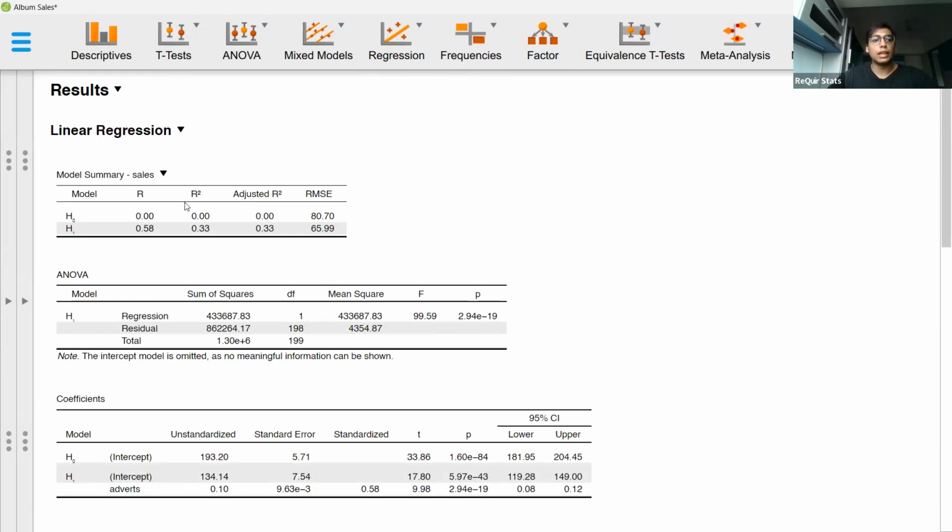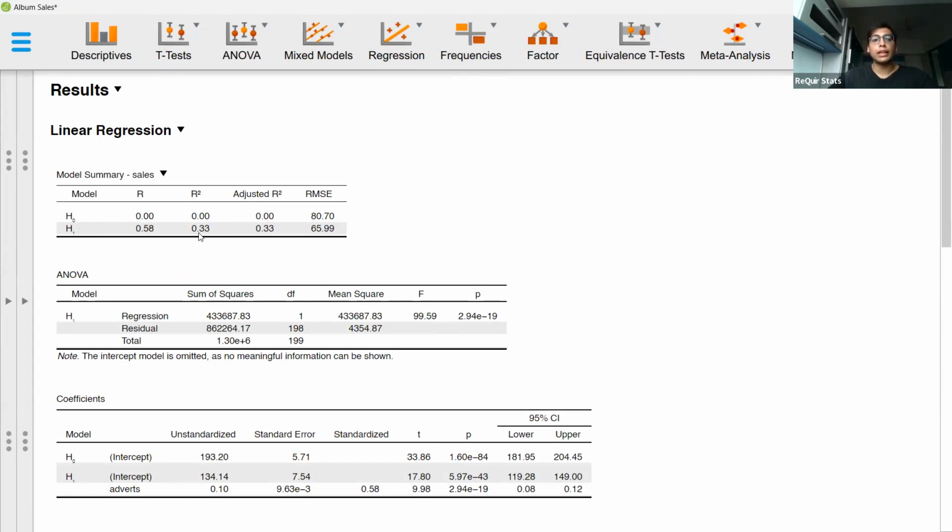The first table is the model summary. The only statistic I want you to concern yourselves with is this R squared underneath in the H1 row, the alternative hypothesis row. So this is 33%. Now what is R squared?